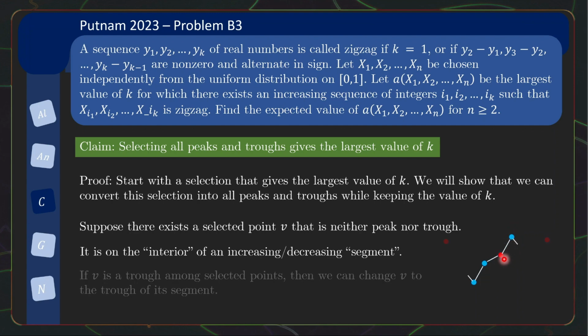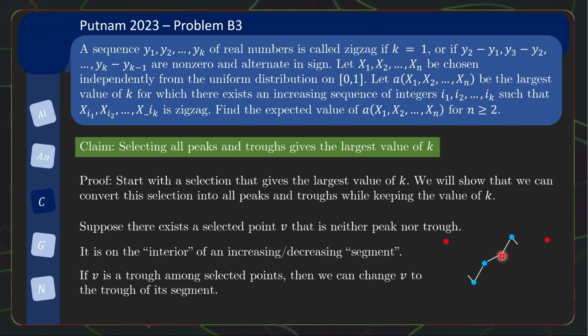Now, if V is a trough among selected points, then I claim that we can change V to the trough of its segment. Well, let's follow this argument closely. So V is a trough among selected points, so the point immediately before that is larger than V, okay?